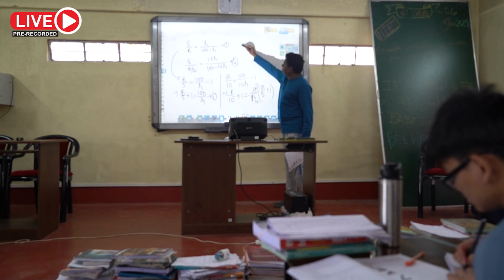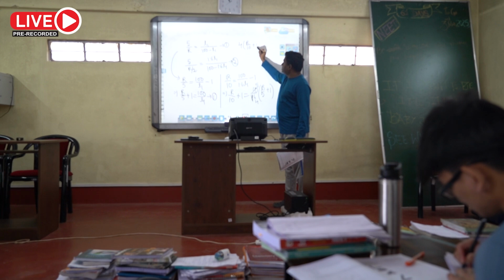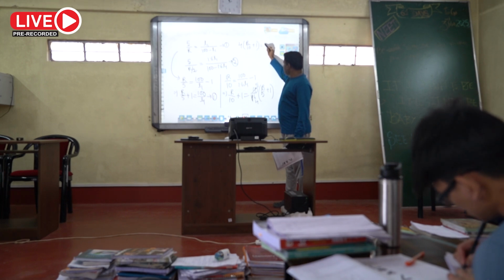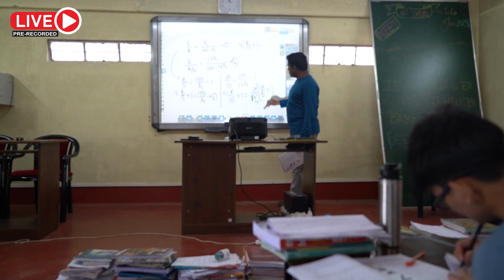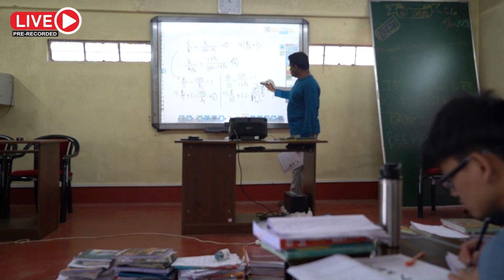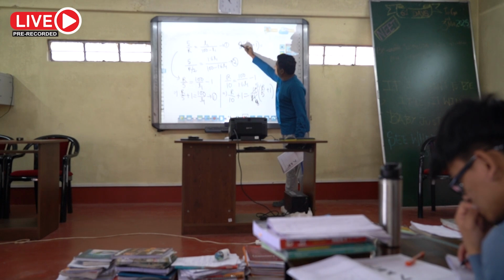So it will be 4 into R by 10 plus 1 equal to 5 into R by 5 plus 1. 5 into R by 5 means 2. This one is 5, this one is 8, so it is 8.